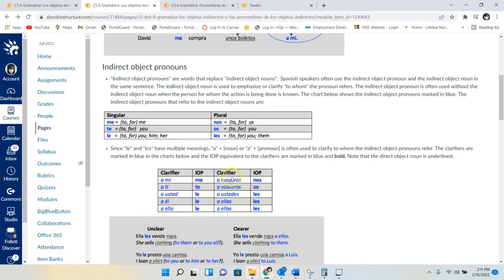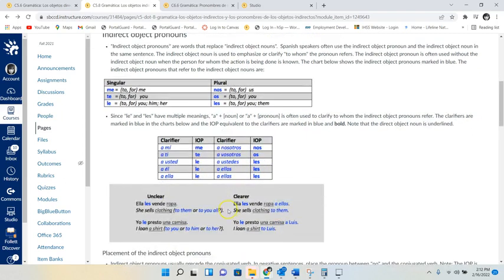For nos it's a nosotros, os a vosotros, and the les, again, three people share the clarifier: a ustedes, a ellos, or a ellas. And when you replace the indirect object with the indirect object pronoun, they go in front of the conjugated verb again. All right?